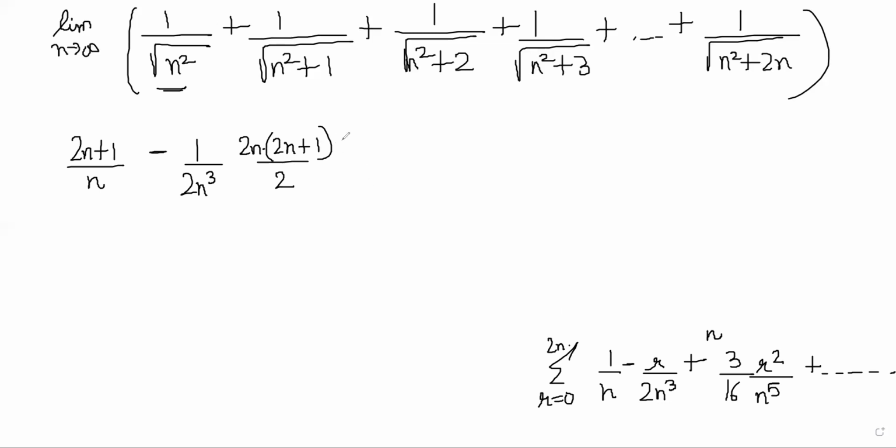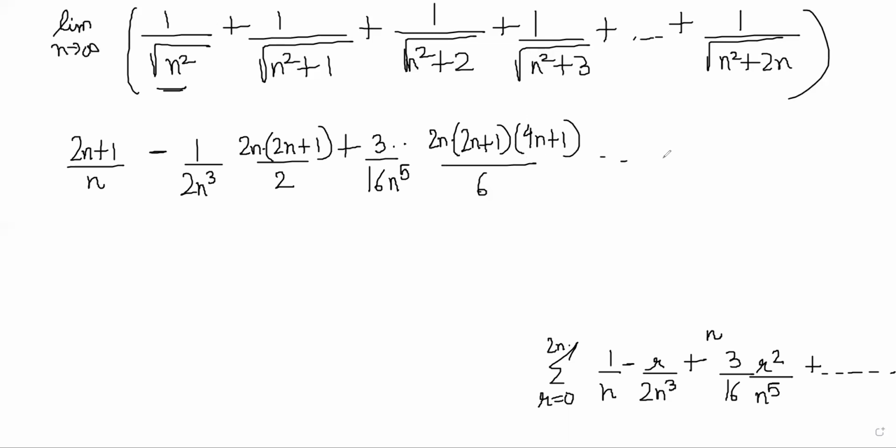Plus 3 by 16, n power 5, summation of r square from 1 to 2n, so 2n, 4n plus 1, n plus 1, 2n plus 1 by 6 is the formula.